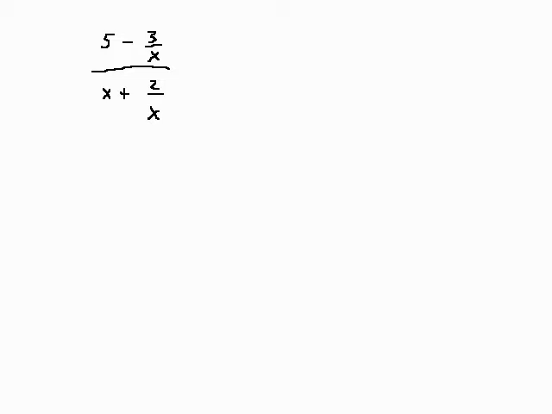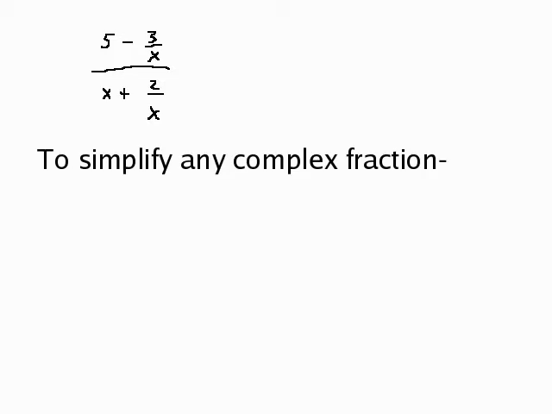Now, complex fractions are fractions over fractions over fractions. All right? So there's a couple ways to do it. There's the easy way and the hard way, but I'm going to go ahead and type some notes here that will cover all of them. To simplify any complex fraction, here's how to do it.